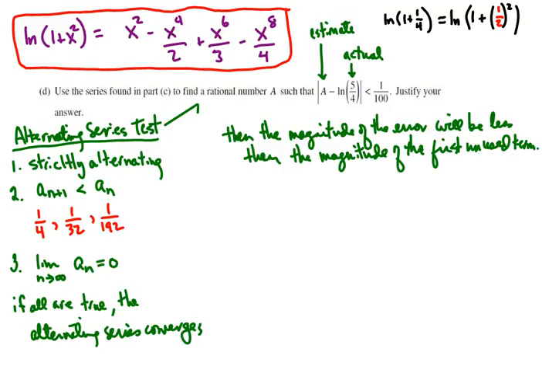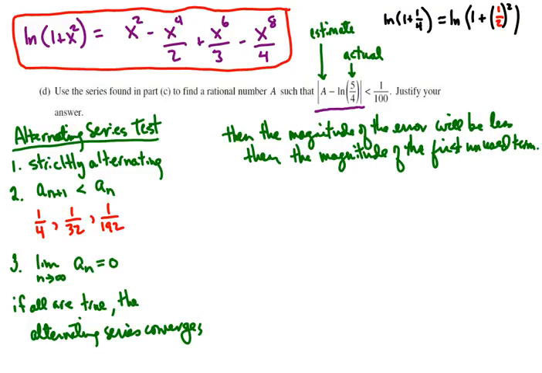And furthermore, we know that the magnitude of the error will be less than the magnitude of the first unused term. So that's a lot simpler than the Taylor error. Now what I've underlined in purple there is the magnitude of the error, including the absolute value bars. And since that has to be less than 1/100th, we go to our terms and try to find the first term that has a magnitude less than 1/100th.